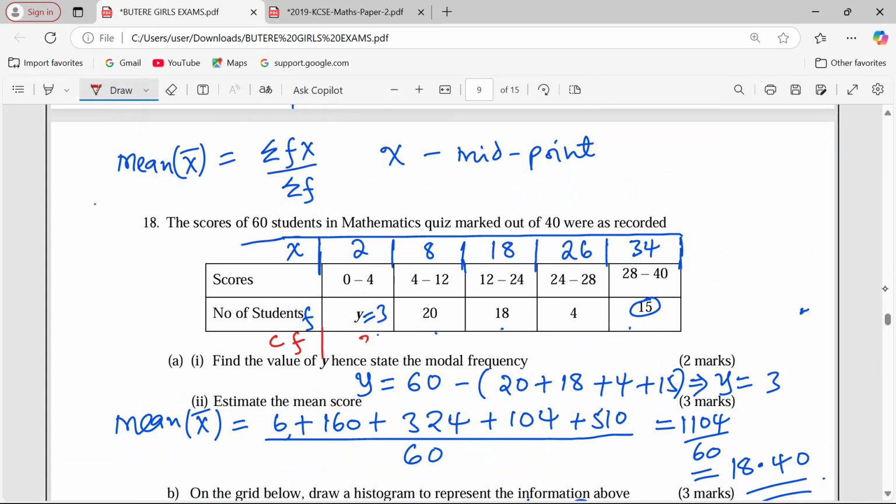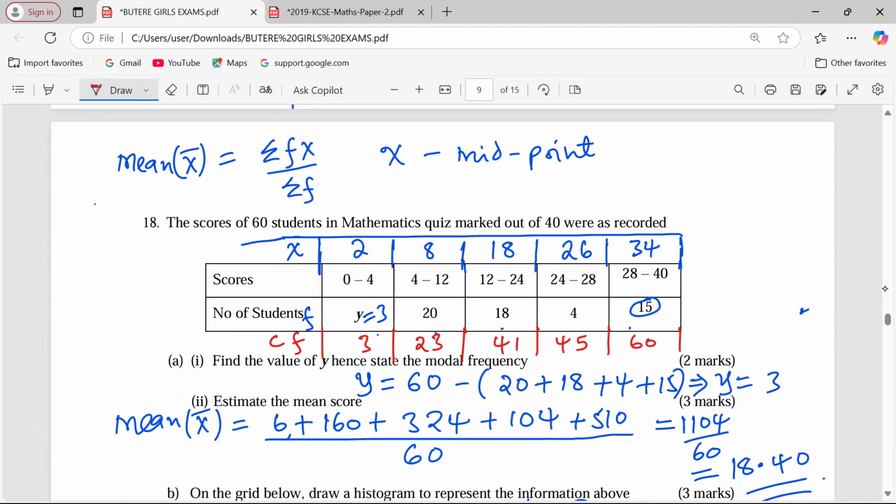We start with 3. 3 plus 20, we get 23. 23 plus 18, we shall get 41. 41 plus 4, I'm getting 45. Then 45 plus 15, I'm getting 60 total frequencies.